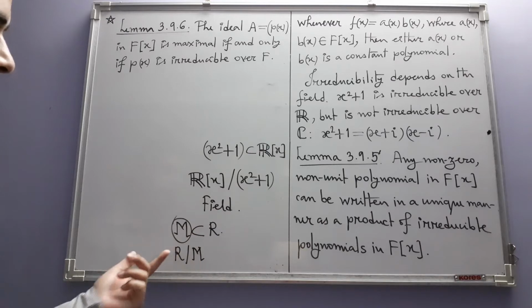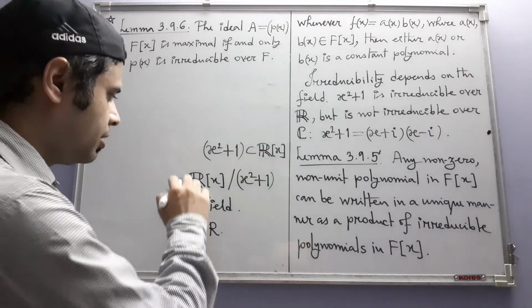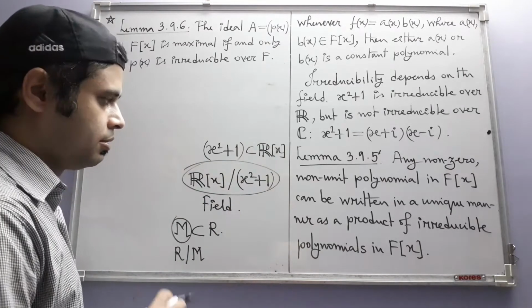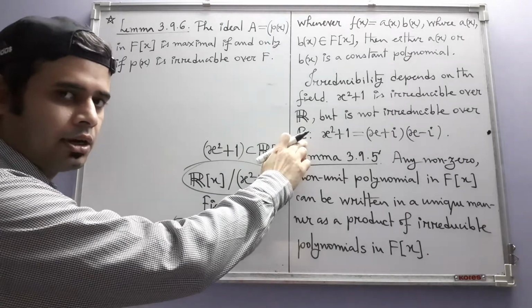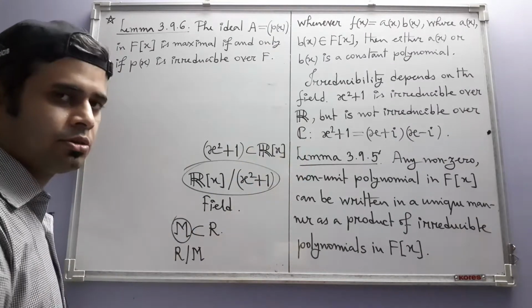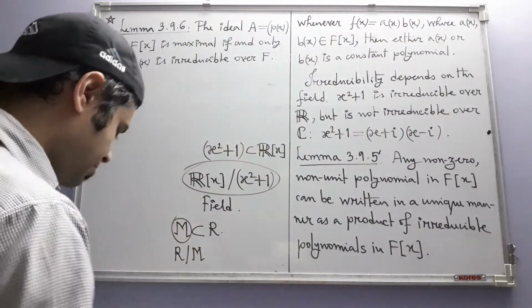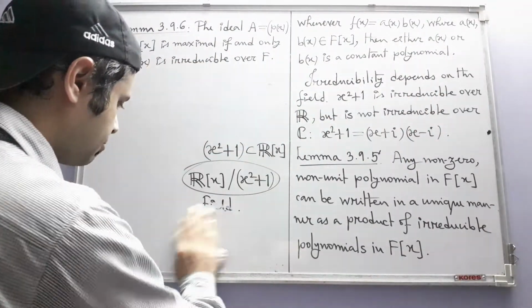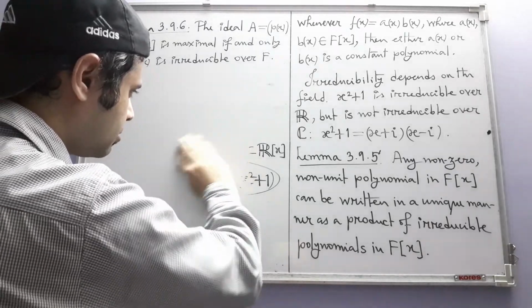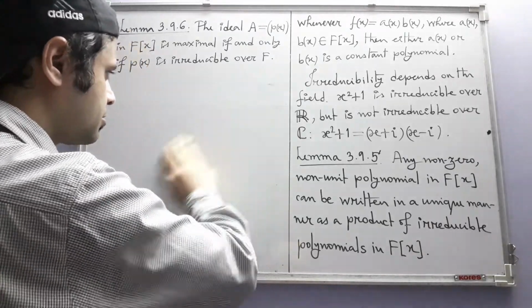In fact, at some stage we will show that this field is nothing but C, the field of complex numbers. It can be shown very easily. Maybe not in these exercises, but at some point we will show this.